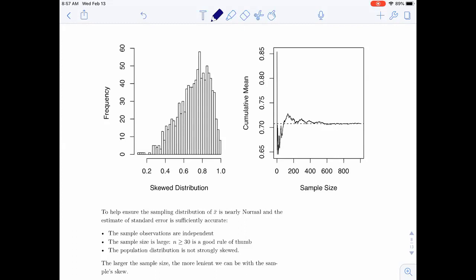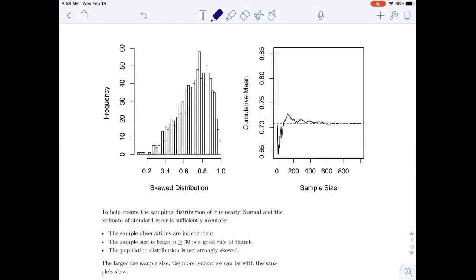Then we collected another one, and we calculated the average of these 3 points, and now it jumped up a little bit. Then we took out another point, 4 points, and calculated the average. So here we're constantly calculating the average, and it's going to jump up and down, up and down, up and down. But what you'll see is that eventually it starts to stabilize.